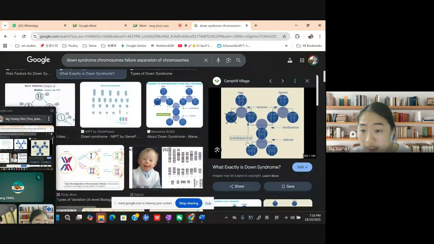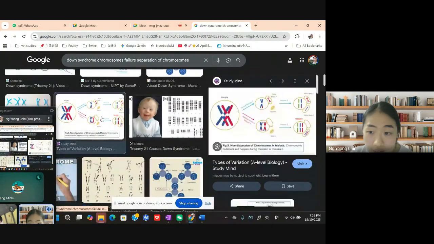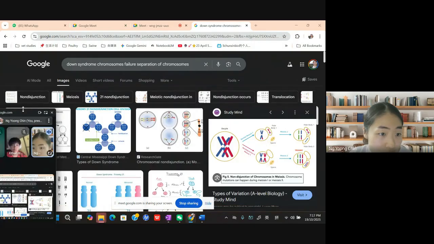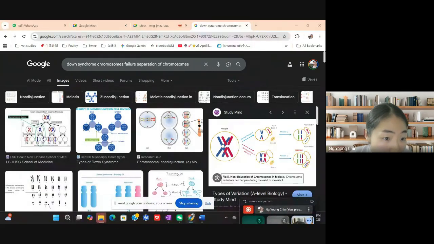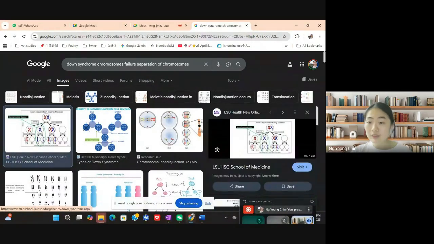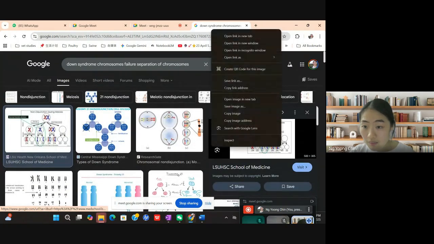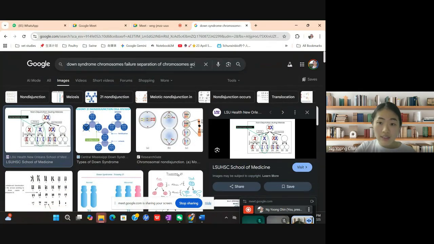So this is due to non-disjunction happening. Non-disjunction, right? Do I have a better picture to show you? I think this is a great picture. Okay, this one, it's a nice picture. Non-disjunction during meiosis.